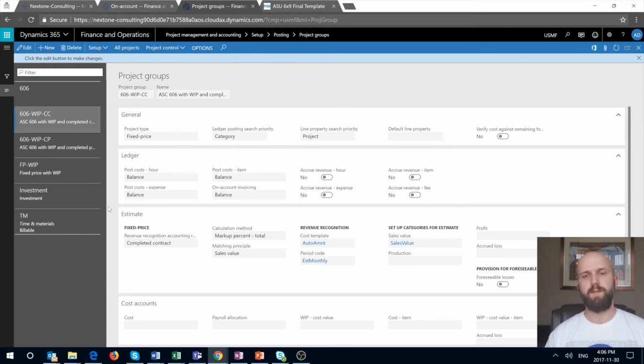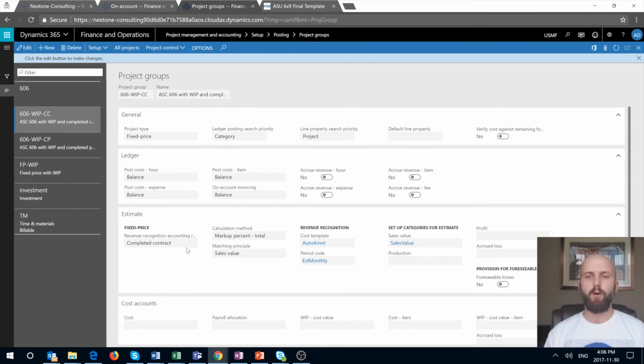Another project group that we have set up here in D365 is a completed contract. That means we recognize revenue at a point in time. We cannot recognize revenue before the control is transferred to our customer. We can only recognize it when the control is with the customer.